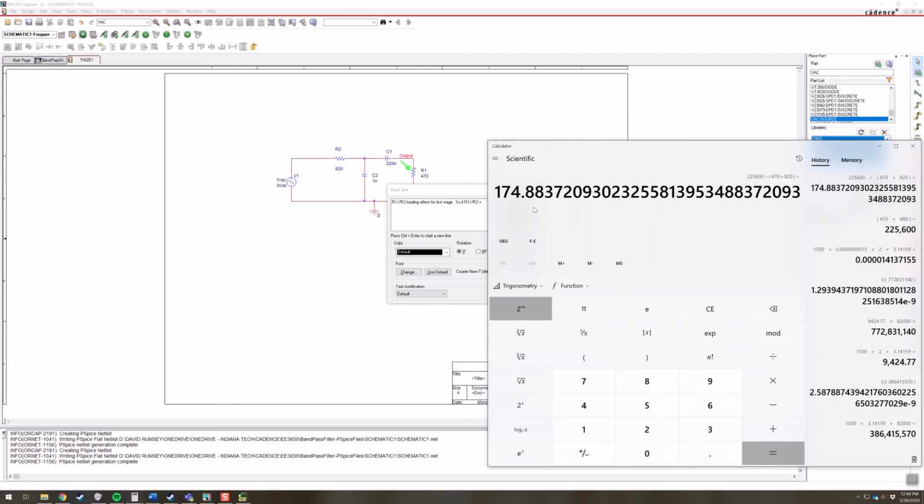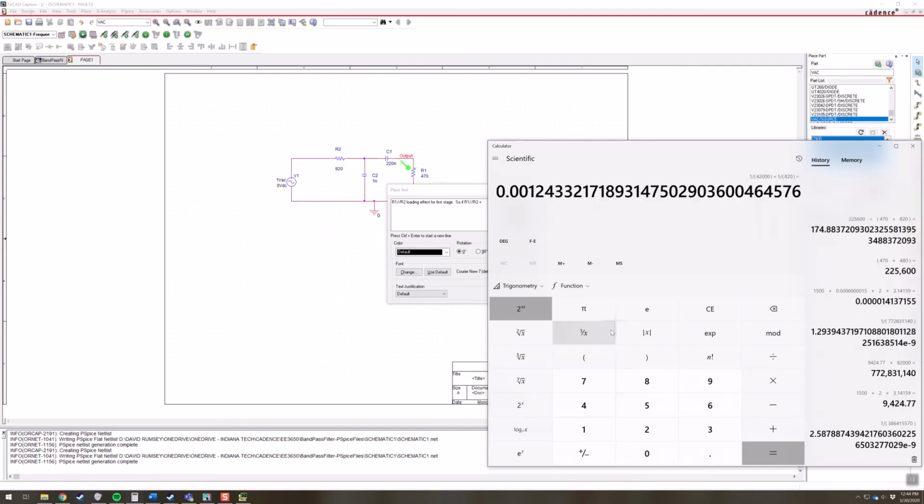Now if I instead have 820 in parallel with 42 kilohms, just a second, let me reset this. So let's do 42,000 inverse plus 820 inverse.